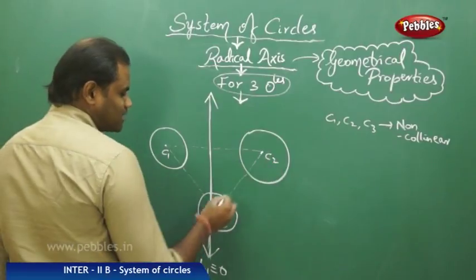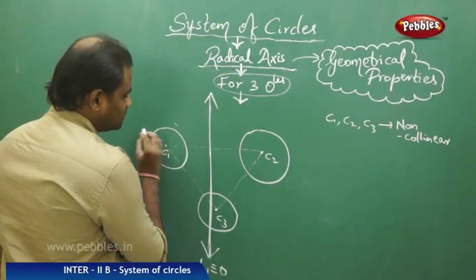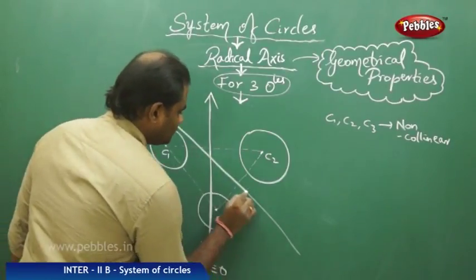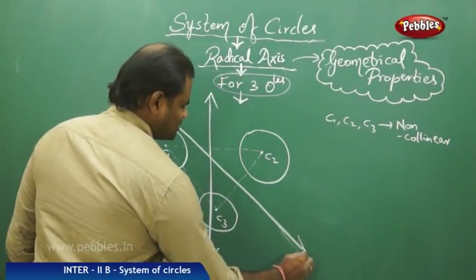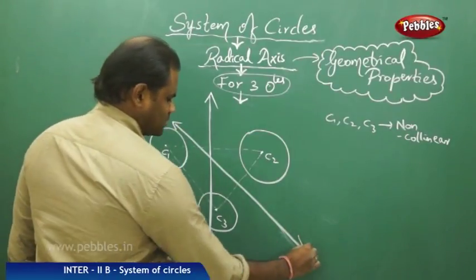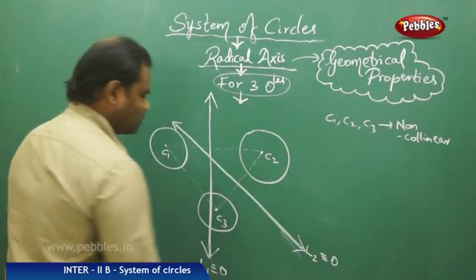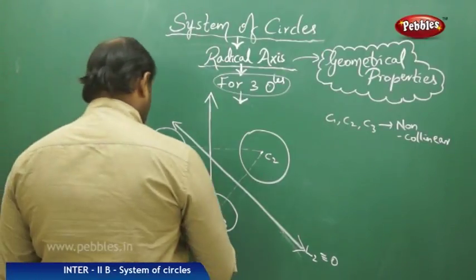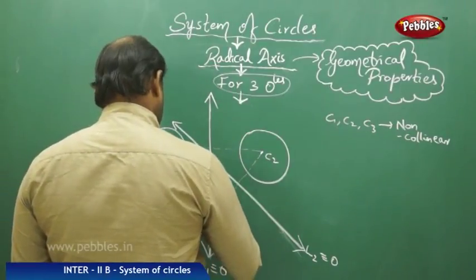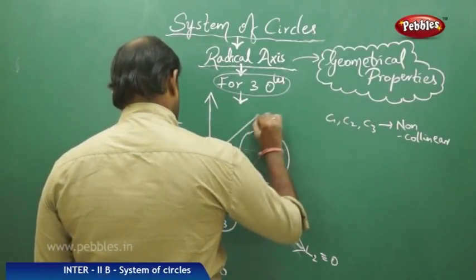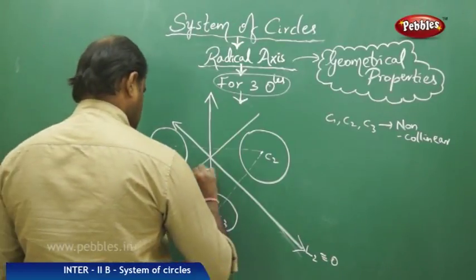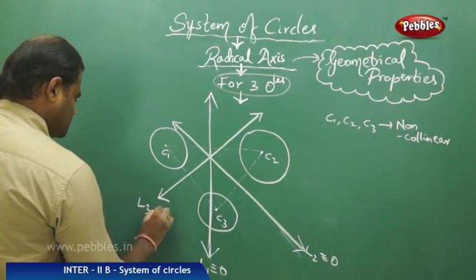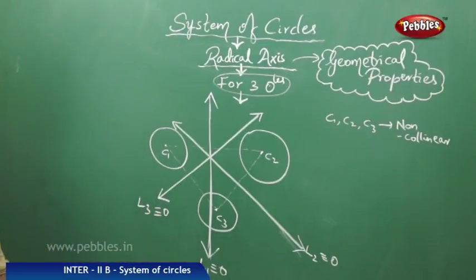Next, the radical axis of C2 and C3 is exactly this, which gives L2 equal to 0. Then thirdly, the radical axis of C1 and C3 is also equidistant, and this is L3 equal to 0.